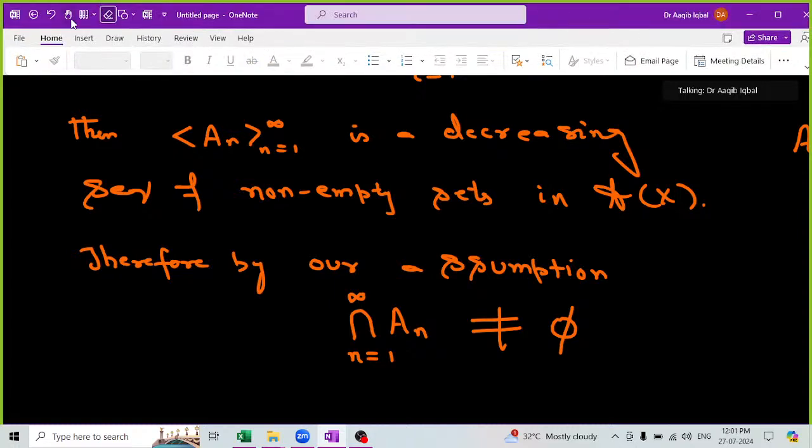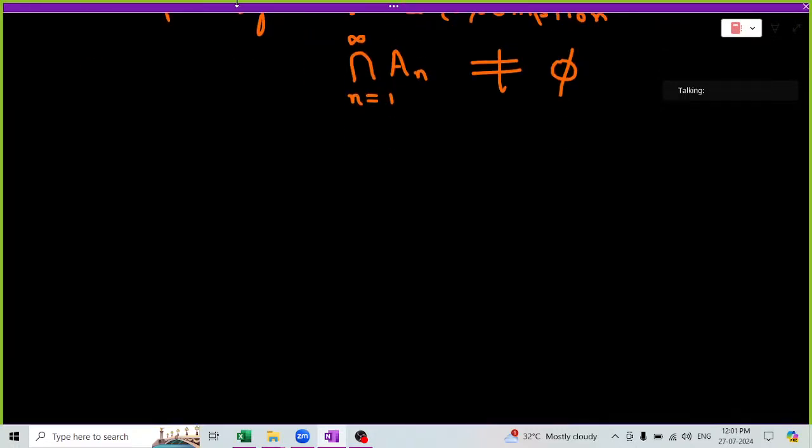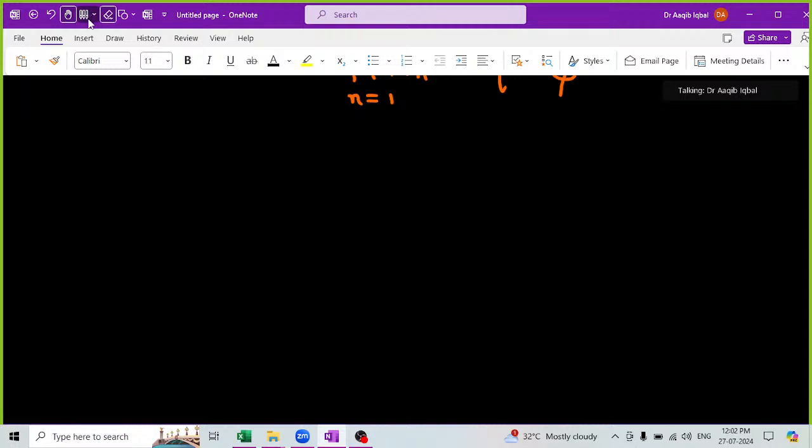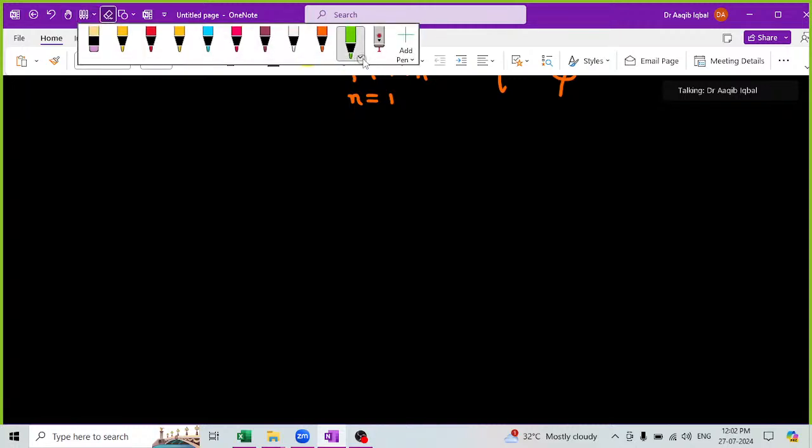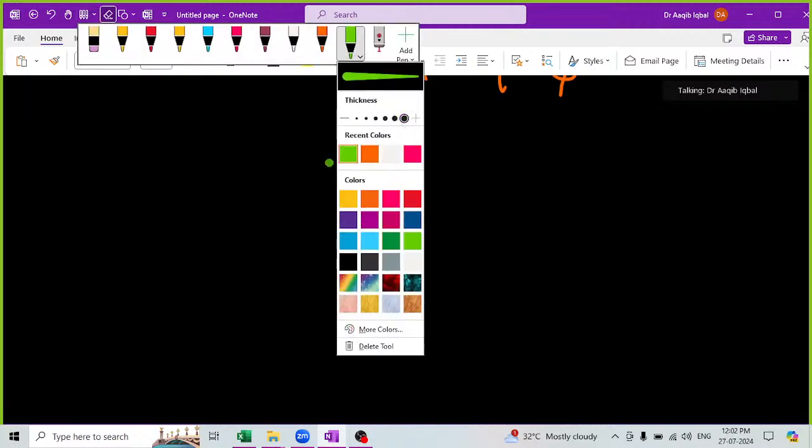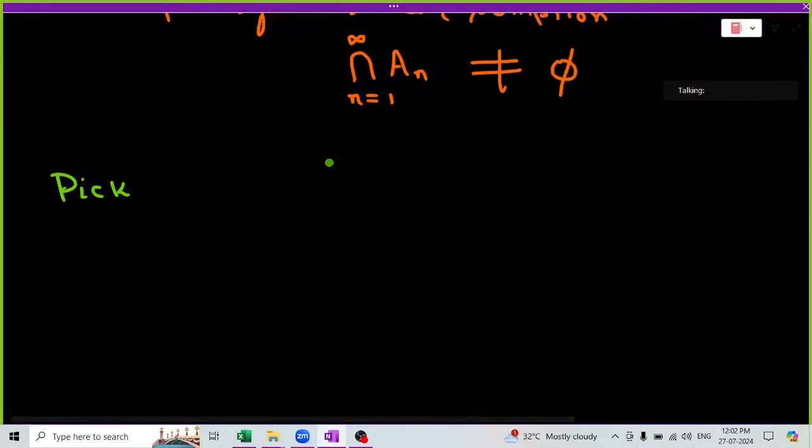Now that the intersection is not phi, I can pick an element from the intersection. So pick an x in the intersection of the ANs, n running from 1 to infinity.